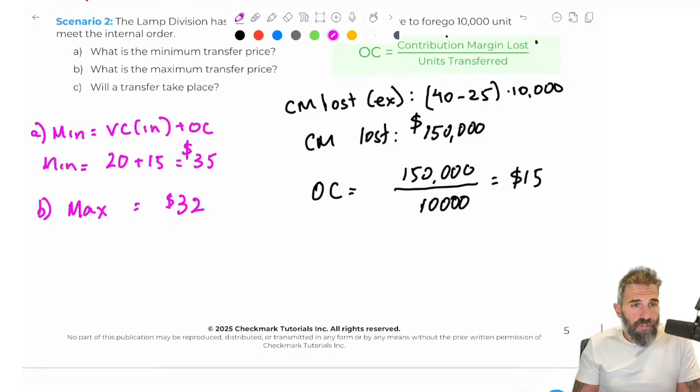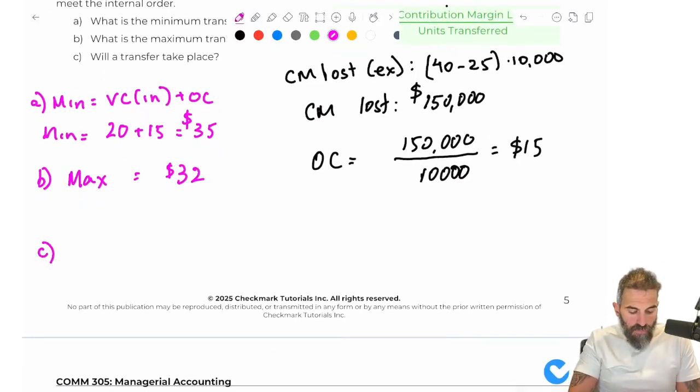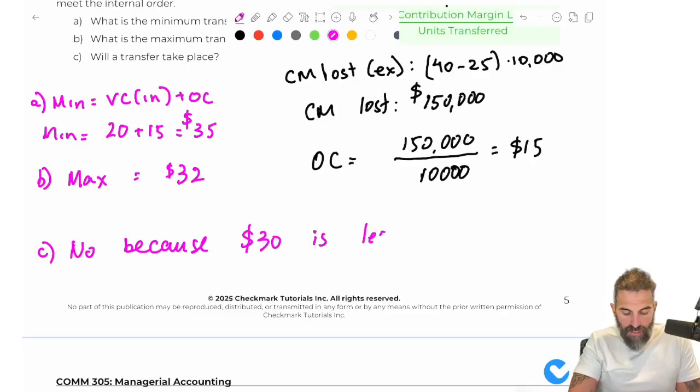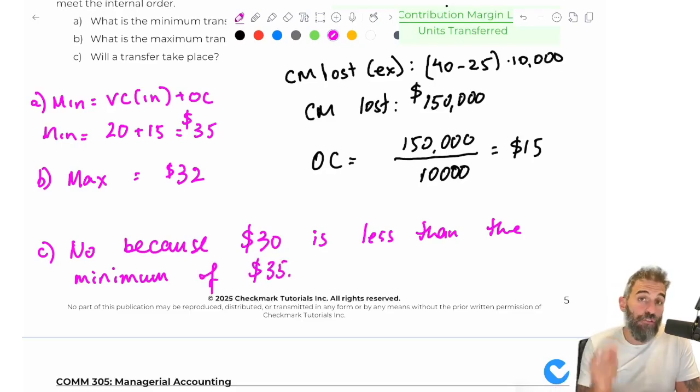It wouldn't. No, because the offer of $30 is less than the minimum of $35. The lamp division would actually lose money if they transferred these lamps to the desk division at the offer of $30.